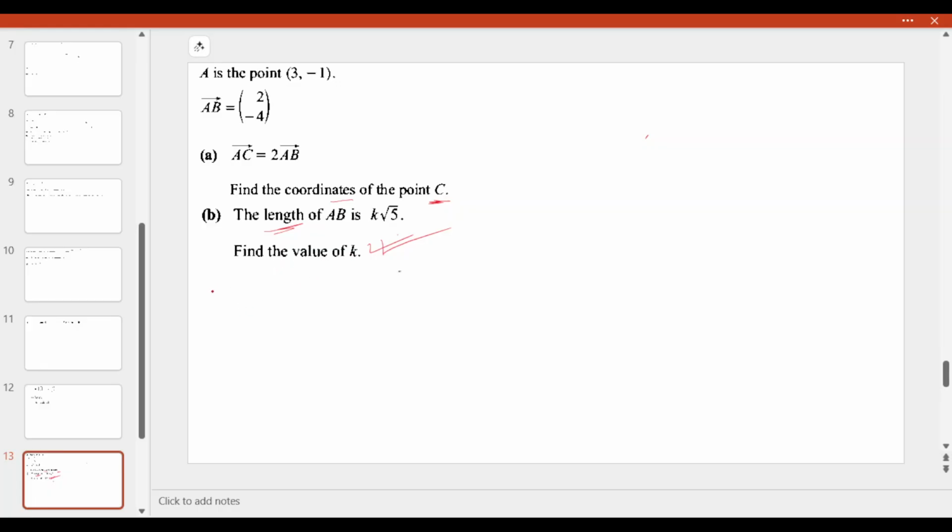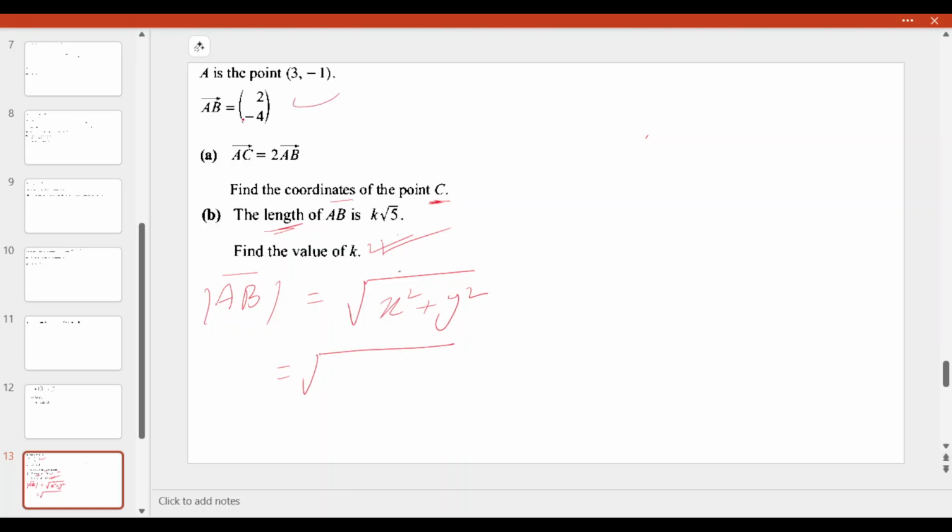So vector AB, the length or magnitude of vector AB. We know that magnitude is equal to the square root of the square of the x coordinate plus the square of the y coordinate.